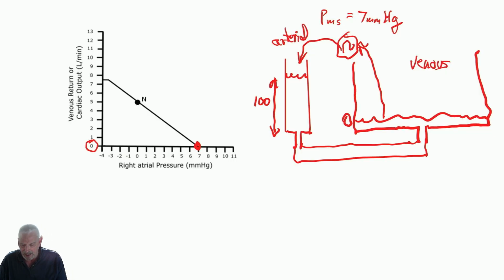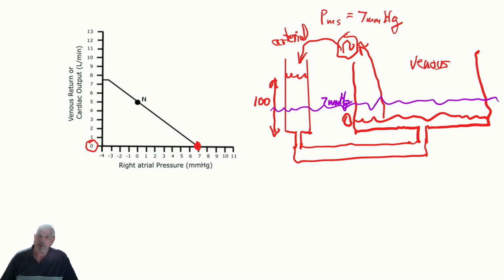Well, what we said happens if you suddenly stop the circulation is the pressure everywhere goes to 7 millimeters of mercury, which is our mean systemic filling pressure. And this little diagram here gives us some insight into why that is so.